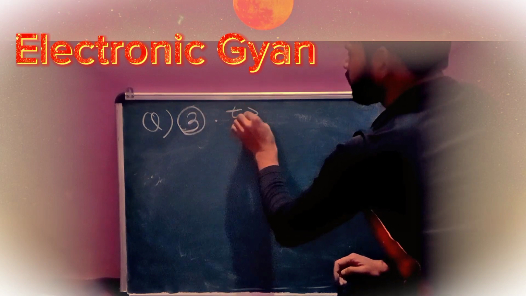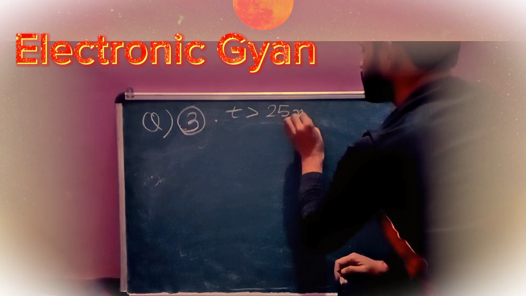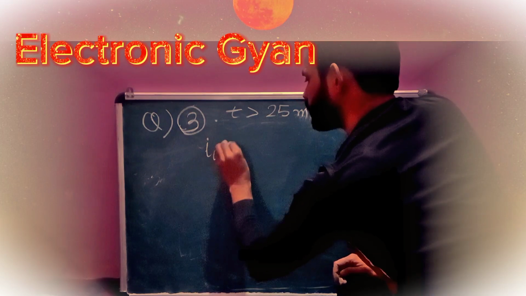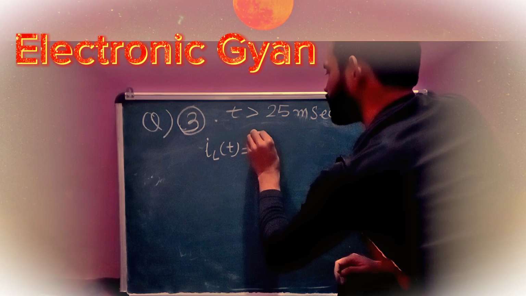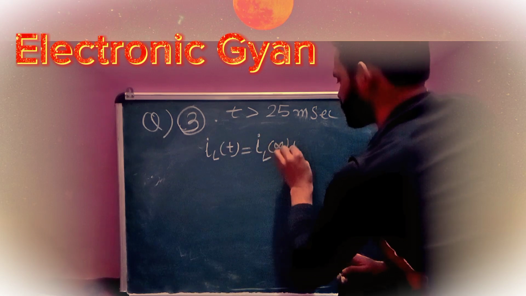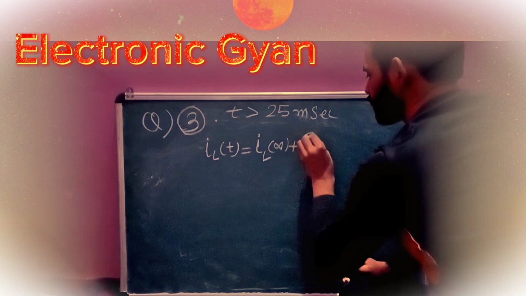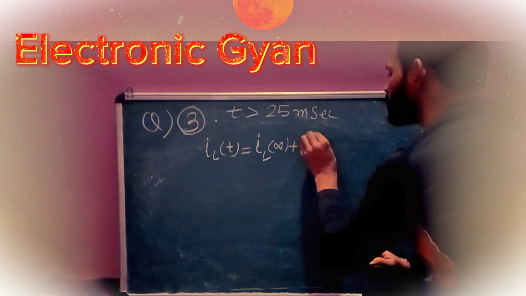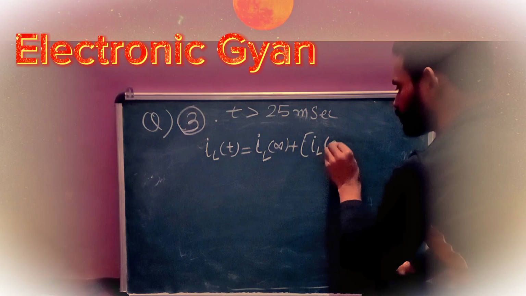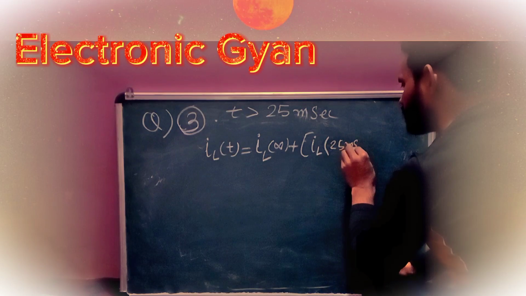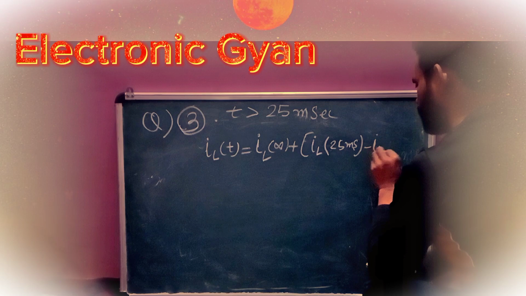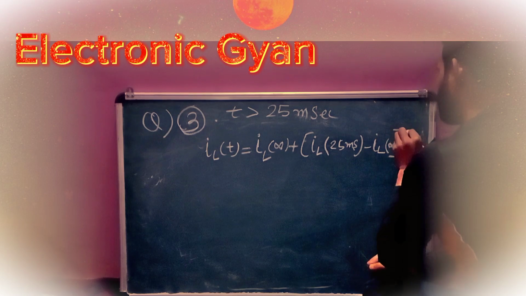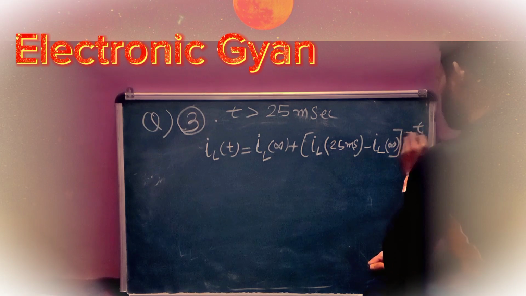For t greater than 25 millisecond, my current expression through the inductor will be IL of t is equal to IL of infinity plus, IL of 0, not 0 here, the initial current for t greater than 25 millisecond, minus IL of infinity, into e to the power minus t by tau.